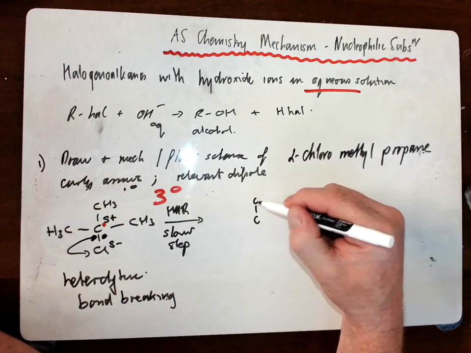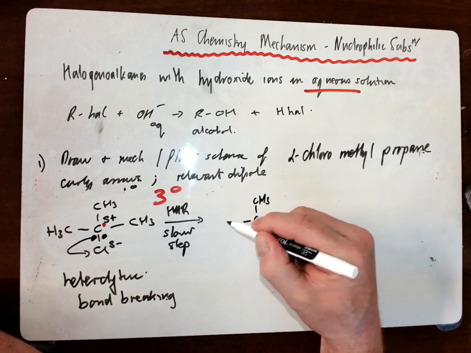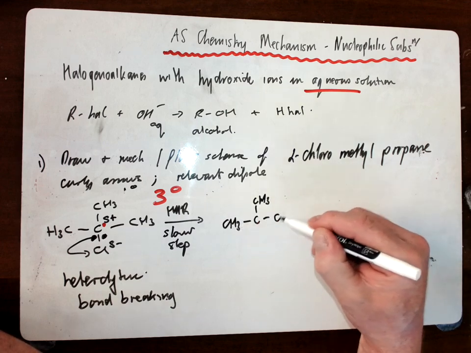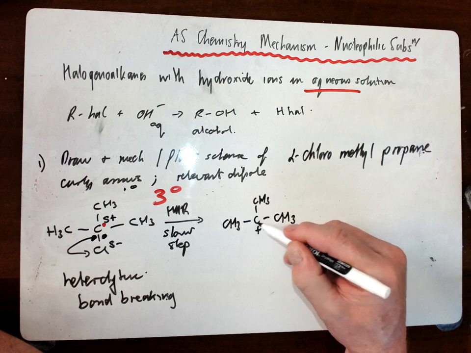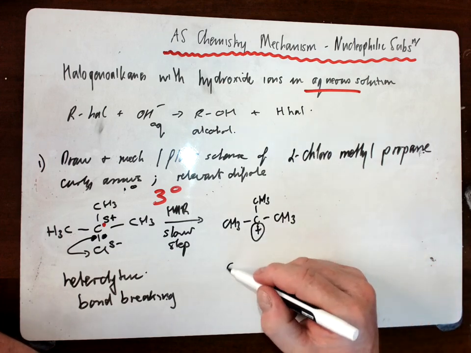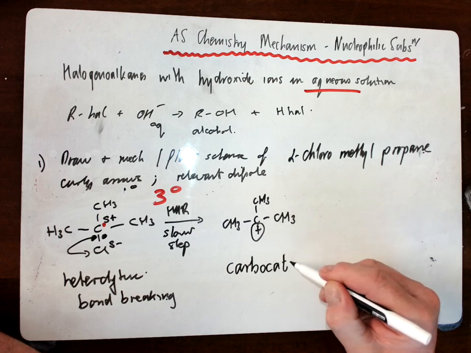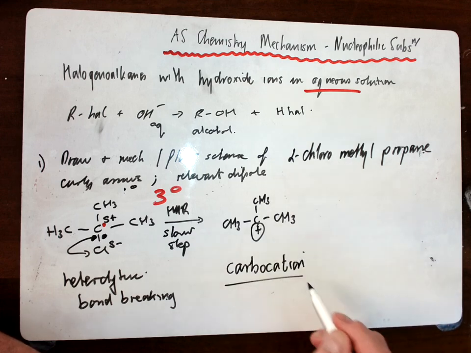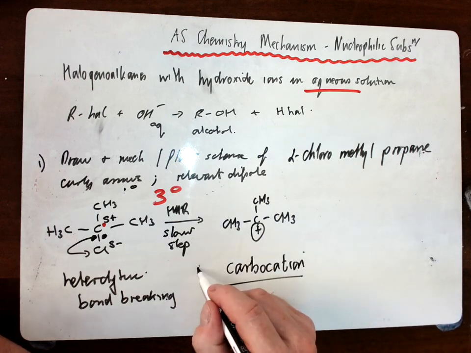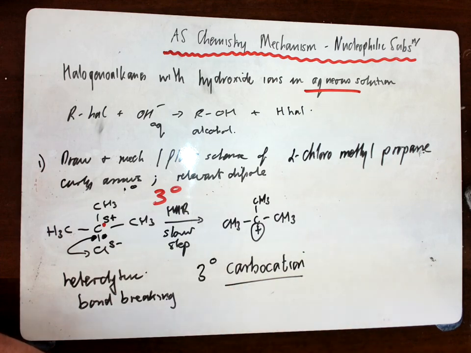That means that the carbon in the middle, my key carbon here, has lost one of its electrons and is a positive charged carbon atom now, and you should recognize that from earlier in the syllabus as a carbocation. Okay, it is in actual fact a tertiary carbocation, to be more specific about it.